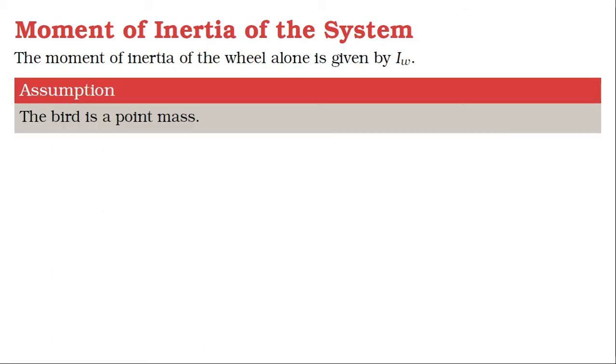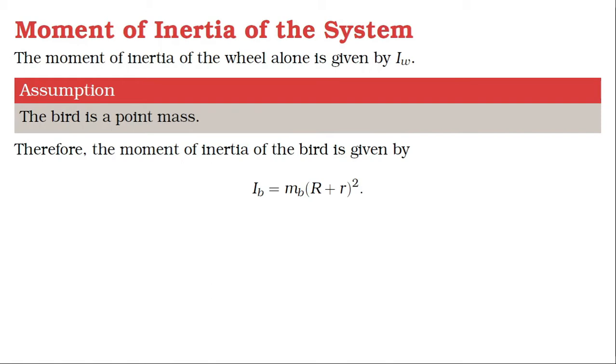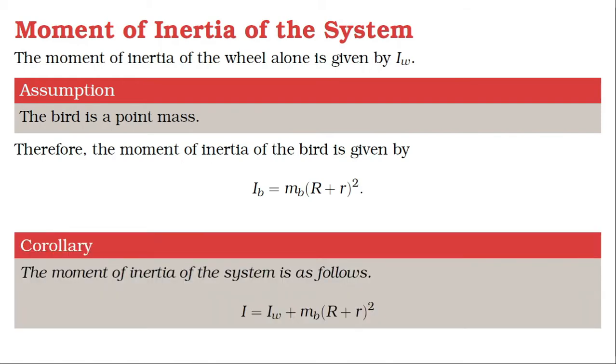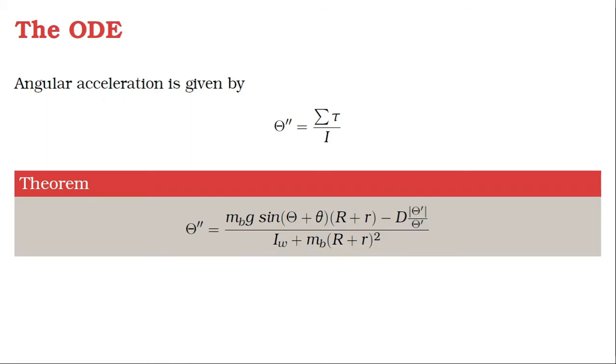Remember that the bird's a point mass, so its moment of inertia is the mass times the total radius squared, giving us a total moment of inertia expression here. Combining everything together, we use Newton's second law for rotation, which gives us this formula for angular acceleration. Plugging our total torque and inertia in, we are given our formula.